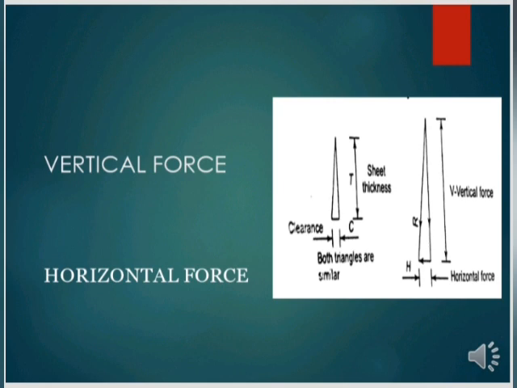Hence, in vertical force calculation, sheet thickness must be considered along with the shear strength and cutting length of material. And in horizontal force calculation, die clearance percentage will be considered. Means horizontal force is equal to vertical force into die clearance percentage.